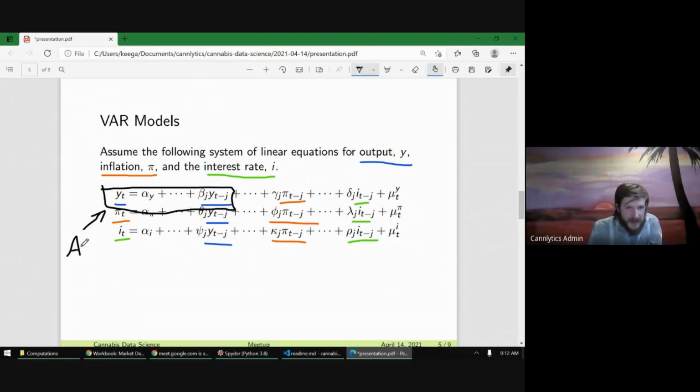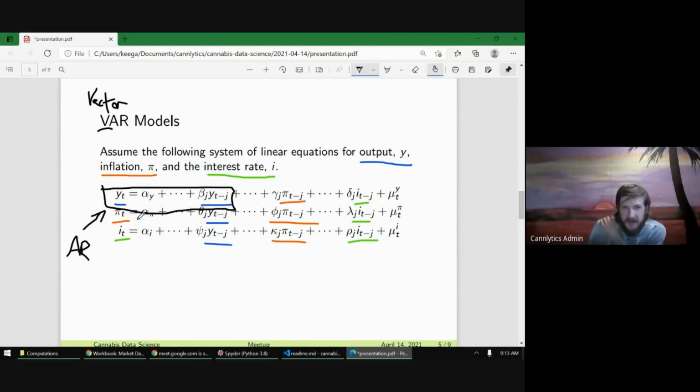So that's just like an auto-regressive process where output depends on output from the previous period. Here we're doing a vector auto-regression. And so basically we're just going to estimate these three equations simultaneously.